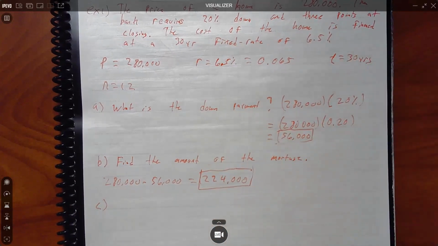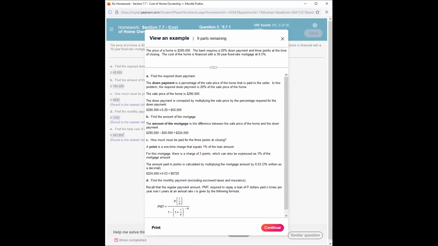Part C, let's see what they ask. How much must be paid for the 3 points at closing? So here they define point for us. A point is a one-time charge that equals 1% of the loan. So to pay 3 points, I need to put 3%. But only of the loan amount, not the total, because we already put money down, right? Let me write the question down again.